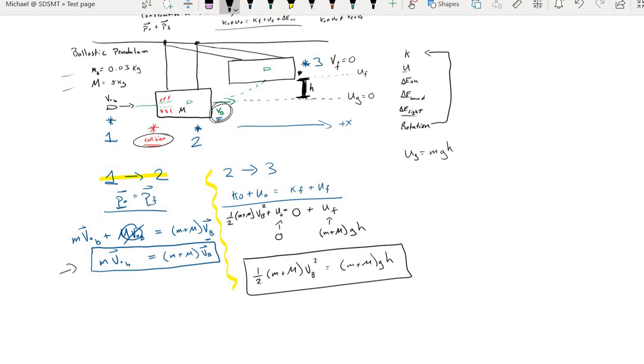So maybe we have a lab assistant standing at some safe distance, watching and measuring how high this log swings up. And we'll say that that height is 15 centimeters, or 0.15 meters.